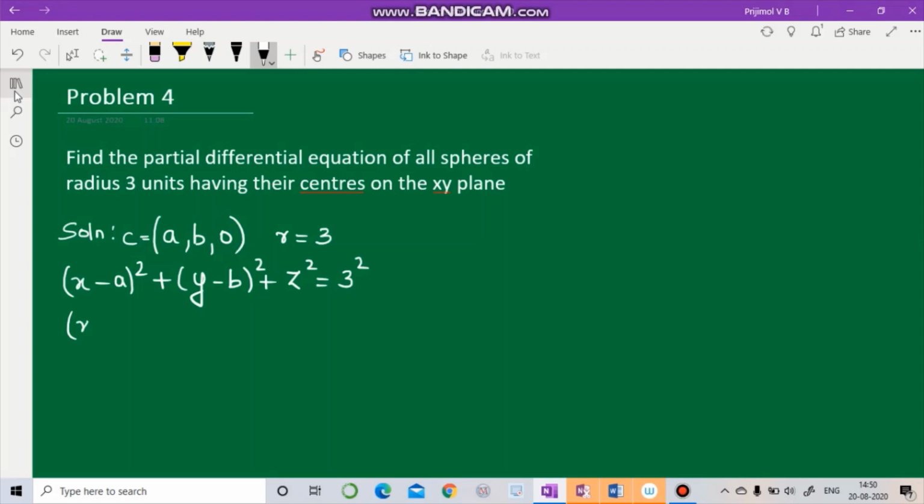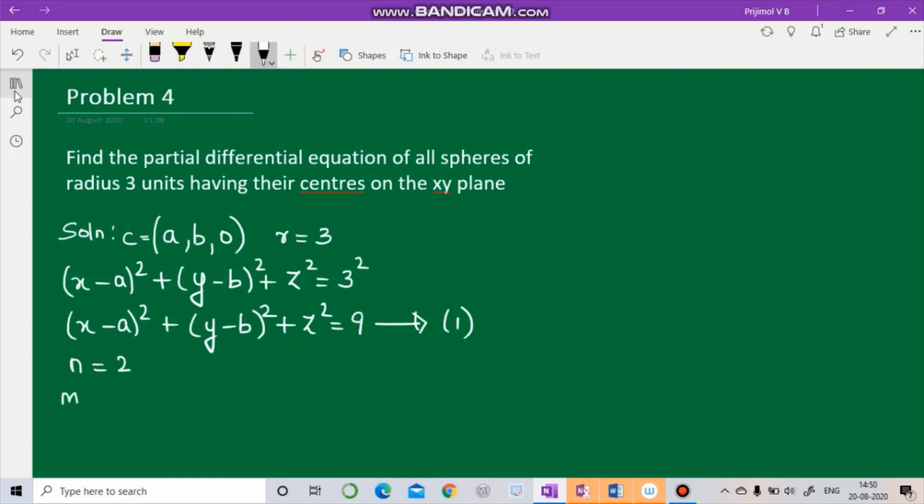So now what we have to do is check for the number of arbitrary constants and the number of independent variables. So let us call this given equation as equation number 1. Now how many arbitrary constants do we have in this equation? Only 2, a and b. So n is equal to 2, the number of arbitrary constants.